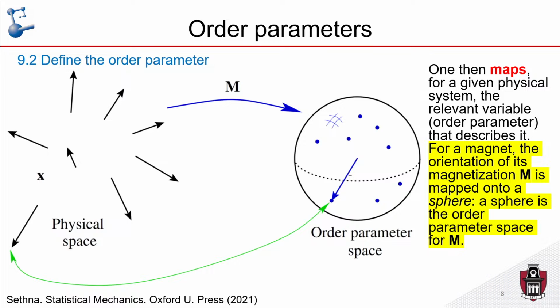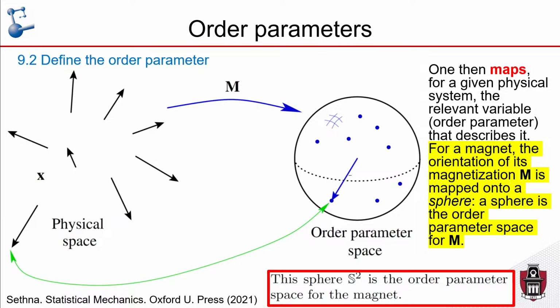In configuration space, or on your fridge, there is going to be a distribution of orientations of that magnetization. The important parameter is the orientation of that magnetization, which can be mapped onto a sphere. And that is the order parameter space for a magnet.